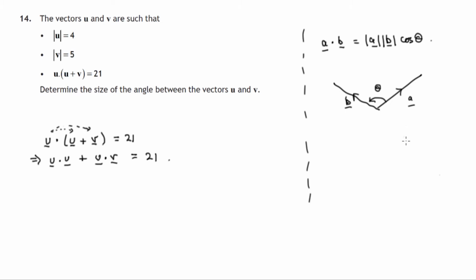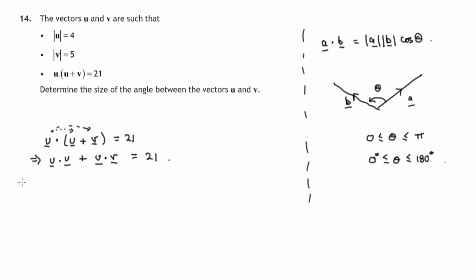And that angle ranges from 0 radians up to pi radians, or from 0 degrees up to 180 degrees. That's the range of angle measurement between two vectors.